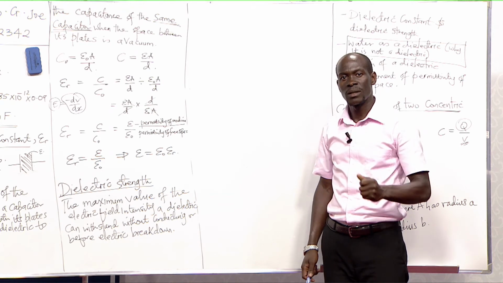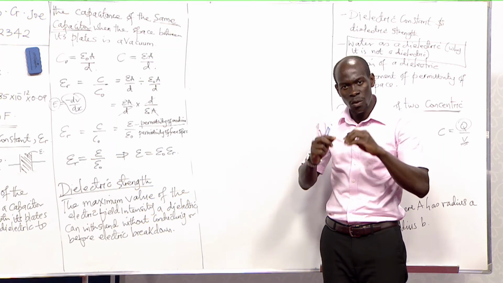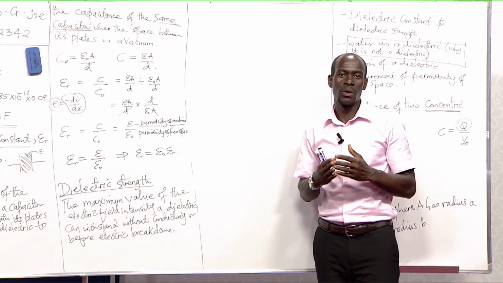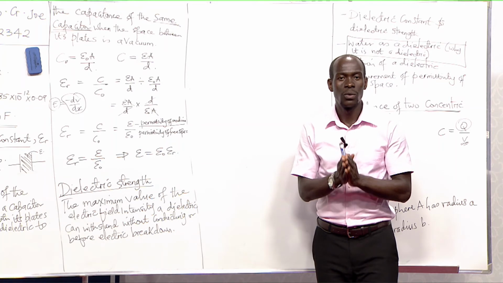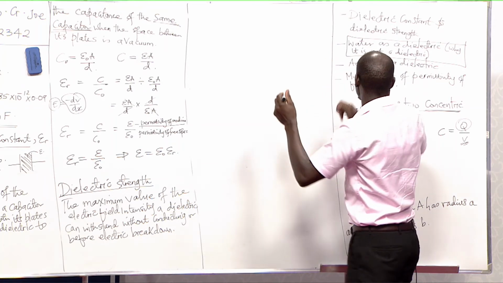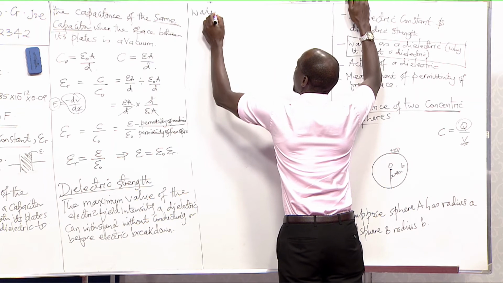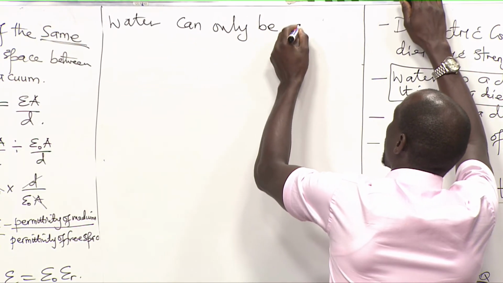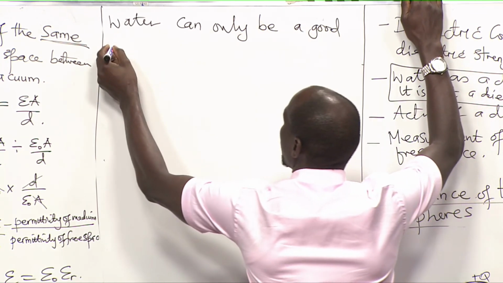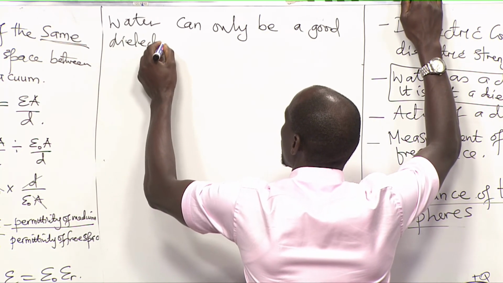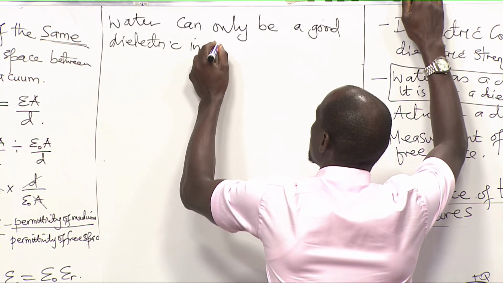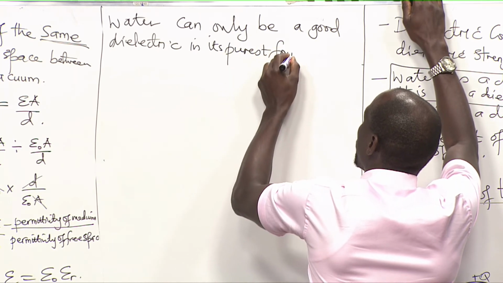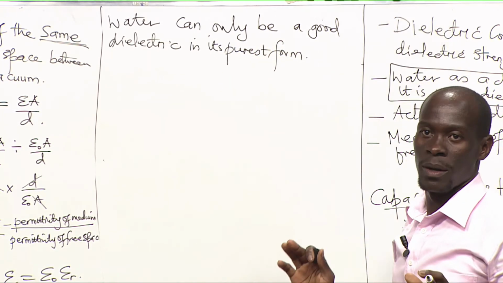Since removing those dissolved particles in the water is almost impossible, you cannot use water as a good dielectric. So water can only be a good dielectric in its purest form. In other words, when it is completely pure.